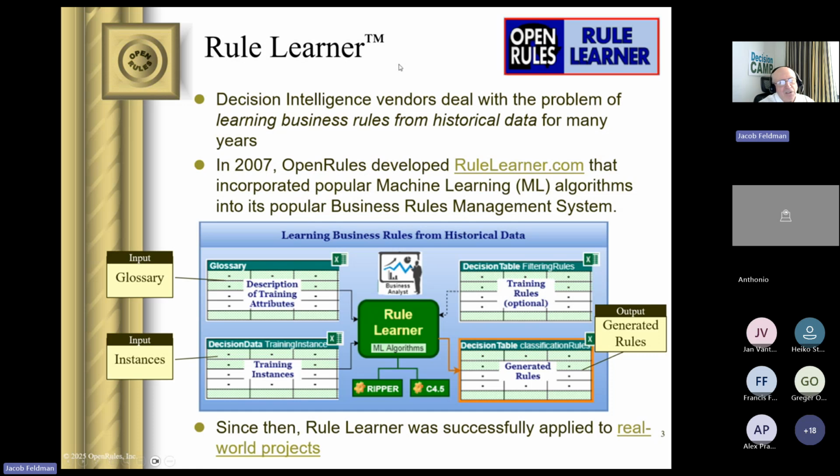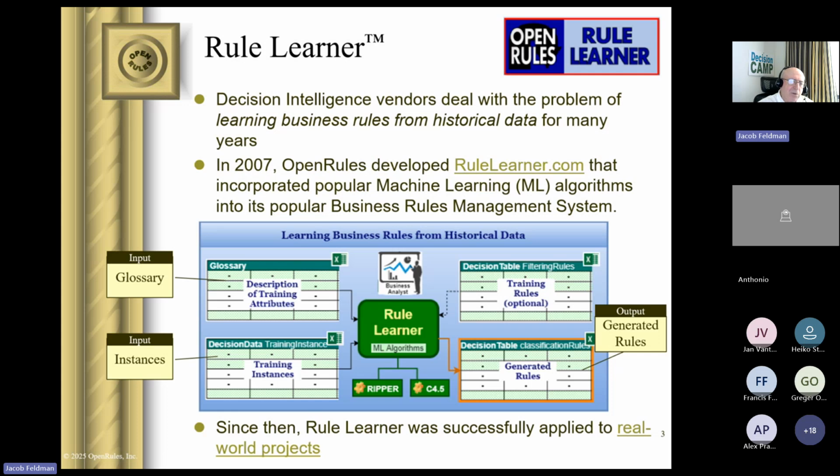Rule learner is an OpenRules component based on machine learning algorithms. The majority of decision intelligence vendors have dealt with the problem of learning business rules from historical data for many years. OpenRules in particular introduced rule learner in 2007, almost 18 years ago. It was incorporated at that time in our business rules management system and was very successfully used in real-world projects from big companies, government agencies such as the IRS, and several major commercial institutions.